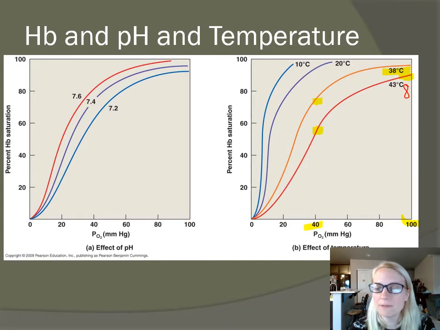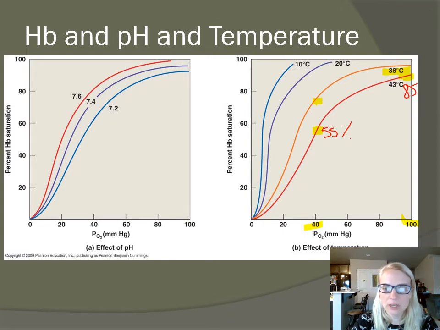This is like an 85% saturated at the lungs. And then down here, maybe it looks like it's 55. Yikes. So in higher temperature situations, like a really high severe fever or hyperthermia, you're not going to be able to pick up as much oxygen at the lungs. So then you're going to have less oxygen to drop off at your tissues, 55%, which is pretty darn low.